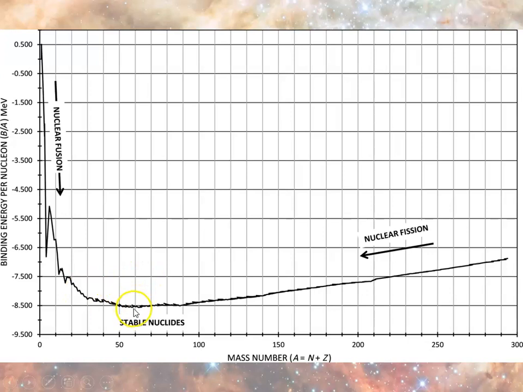But iron-56, right around here, this is where everything bottoms out. You cannot actually expect to obtain energy by fusing iron-56 with something else. Instead, you end up having to use energy in order to have iron-56 fuse with other nuclei.